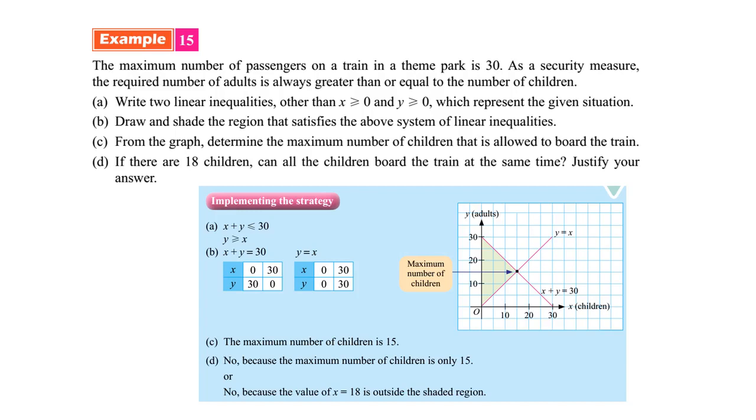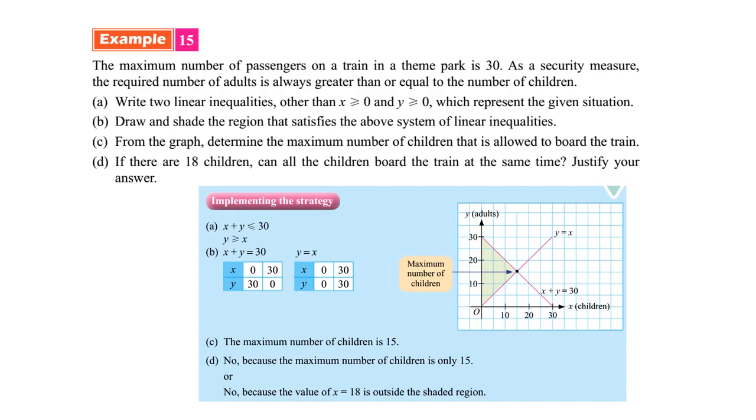Example 15. The maximum number of passengers on a train in a theme park is 30. As a security measure, the required number of adults is always greater than or equal to the number of children.